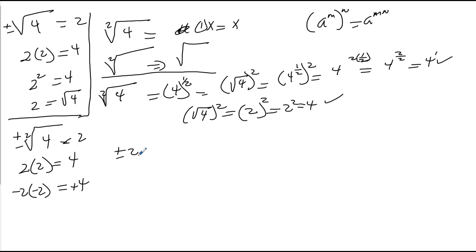Well, usually when you're solving a problem, you don't want the negative answer. So you want the positive answer. And so usually we take the positive answer, which is plus 2. So that's the reason why there's a plus and a minus, because there's two roots.